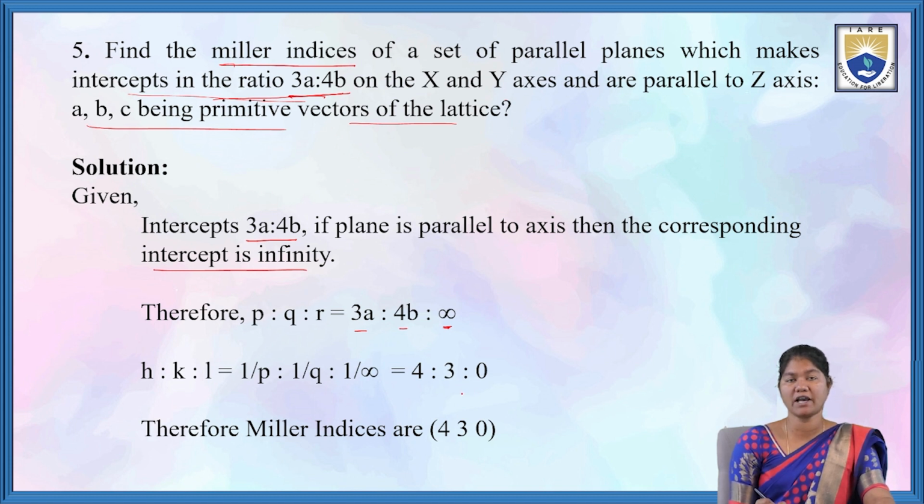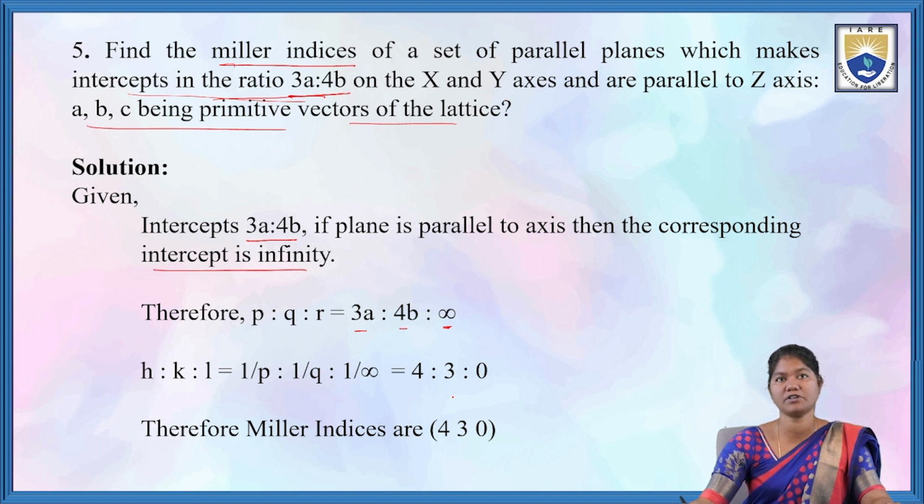In finding the Miller indices, we have different steps which we have already discussed in the previous lecture. We first take the intercepts as integer multiples of the lattice parameters.